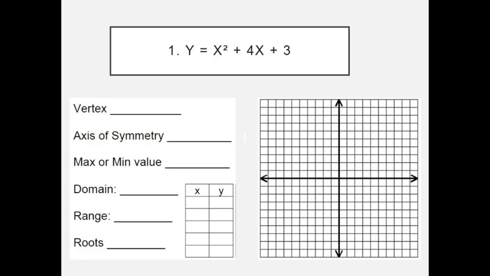So this first example we have, if you remember, this is standard form. So let's go ahead and go through this and make some notes. So this is the standard form of a quadratic.